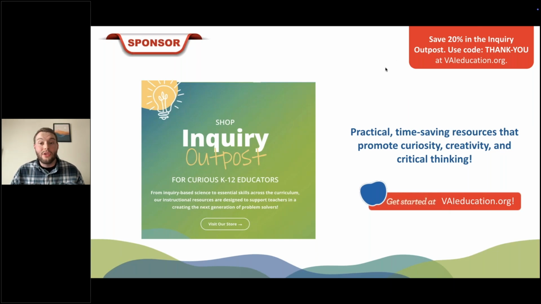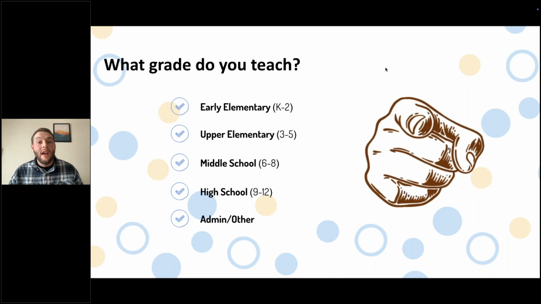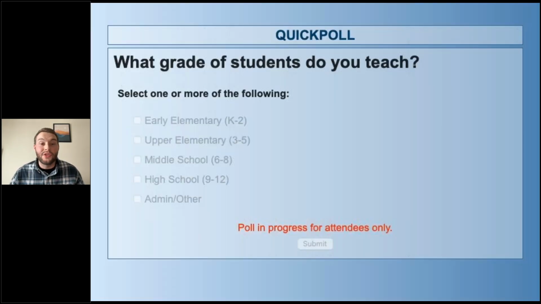Now, let's get back to that free content. Before we start the free content, I want to gauge the room, see how I can shift my material to best adapt to your needs. In just a second, a poll is going to pop up on your screen. I'm curious to see who is in the room. Are you from early elementary, K through 2? Upper elementary, 3rd through 5th?